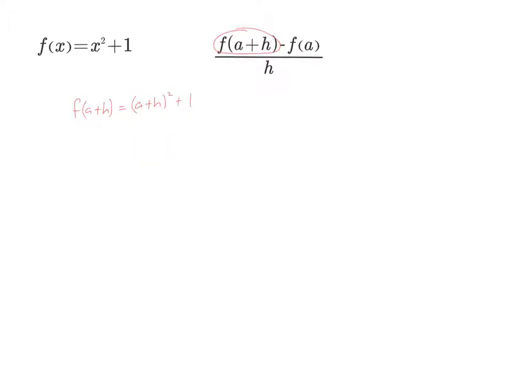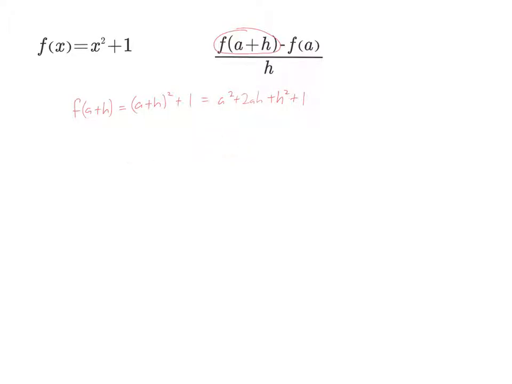So what I am going to do is a plus h squared is a squared plus 2ah plus h squared. And then remember, you need to have this plus 1 here. So we're going to do plus 1. So once again, this right here becomes this, and that's by memorizing the equation a plus b squared is a squared plus 2ab plus b squared.